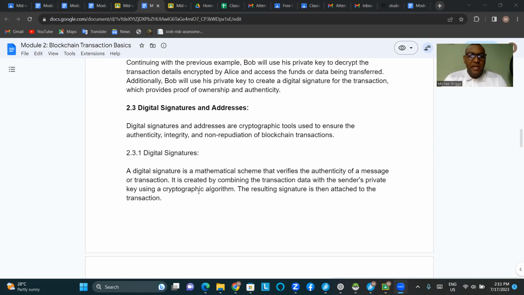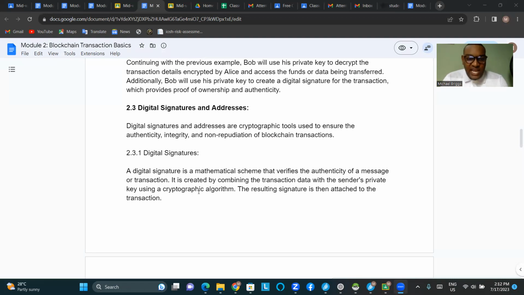It simply means that digital signatures and addresses are very important to ensure the authenticity and integrity of transactions on the blockchain, which means that because of these tools, people cannot tamper with a transaction that has been recorded on the blockchain.